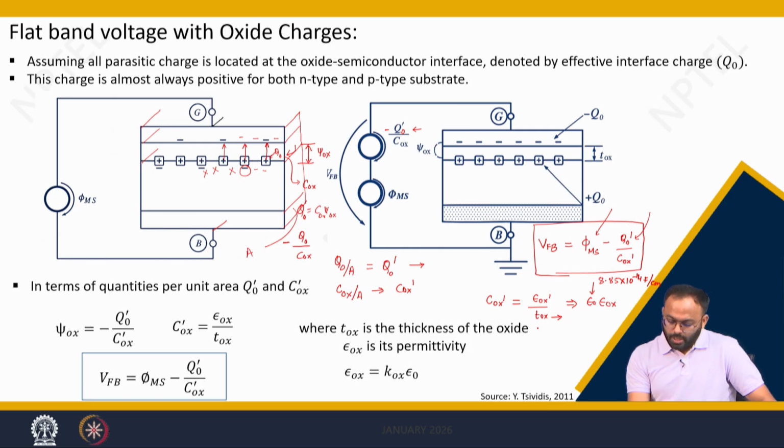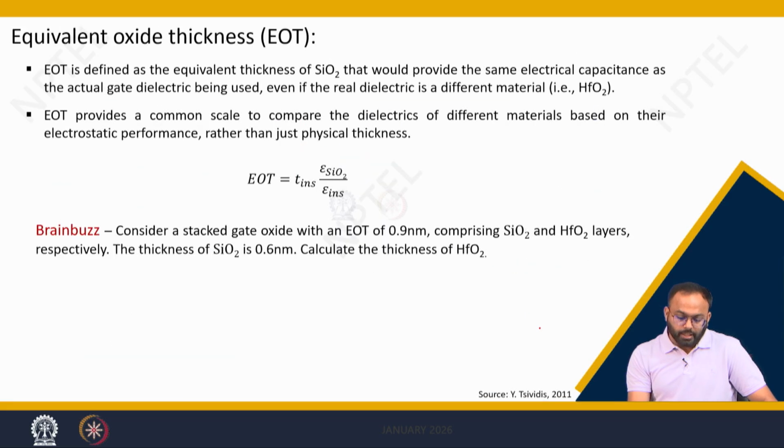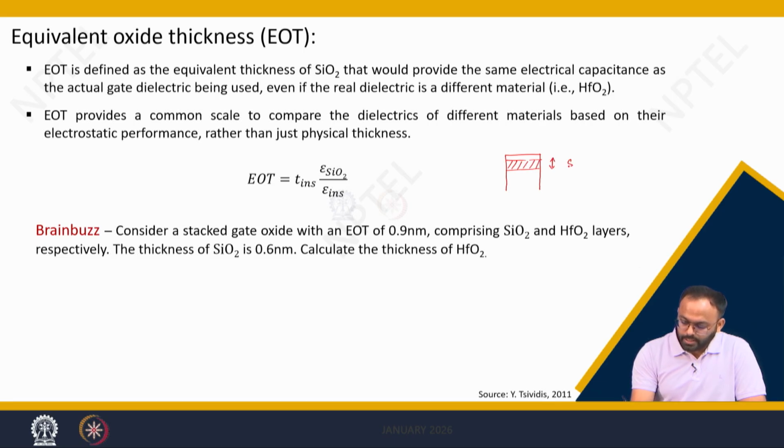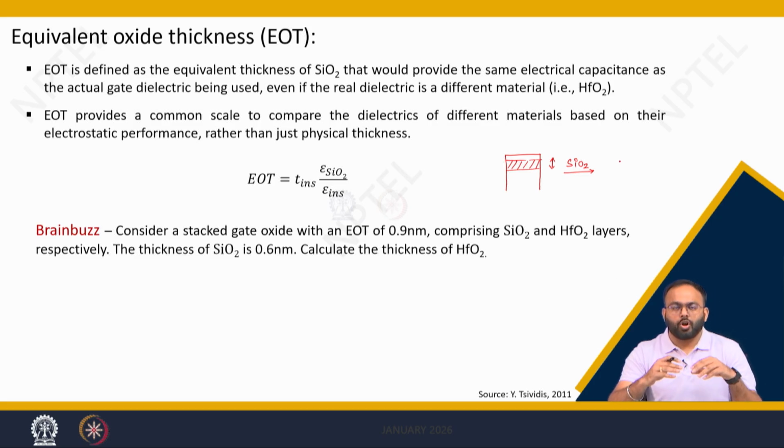Now, is it mandatory that we make the silicon dioxide in our MOS cap? In the previous lecture, we said that in recent devices, silicon dioxide is no longer the only possible oxide layer. Rather, we are using a stacked layer of silicon dioxide or gate oxide.